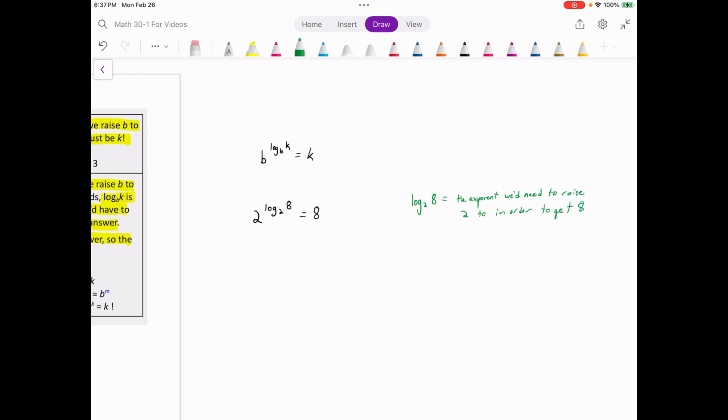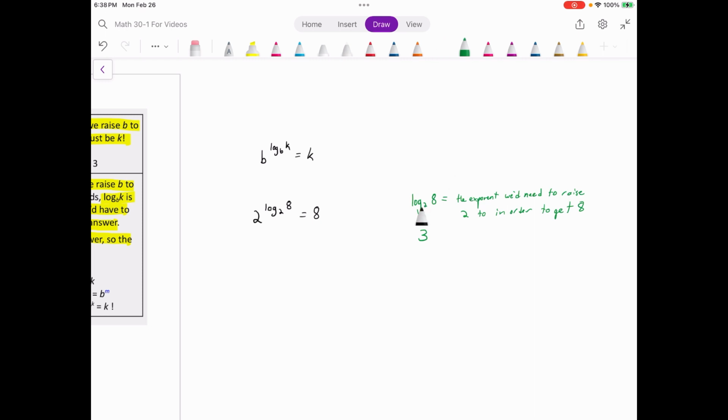The exponent that 2 needs to become 8. So look, 2 to the exponent we need to raise 2 to in order to get 8 equals 8, right? This to the power of this equals this. That's all we're saying here. 2 to what power gives us 8, okay? Well, I know we know the answer is 3, right? 2 to the power of 3 would equal 8, okay?